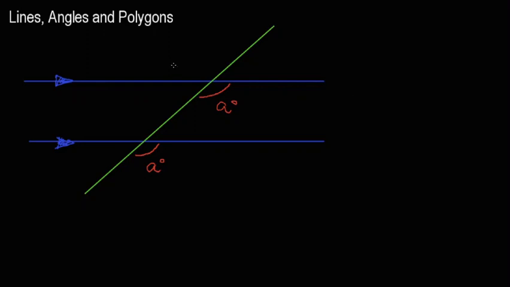Also, there are other angles here which are the same. So obviously, for example, this one is the same as this one. And do we have any opposite angles here? Vertically opposite? Well, we do. This angle here should be the same as this one.